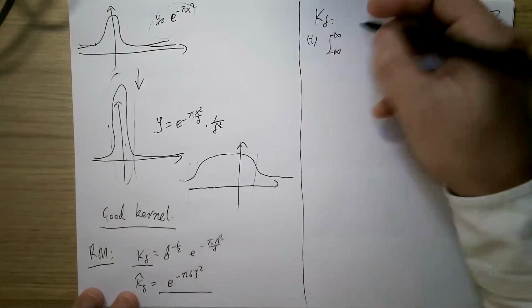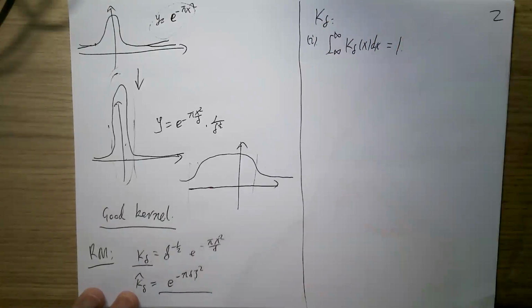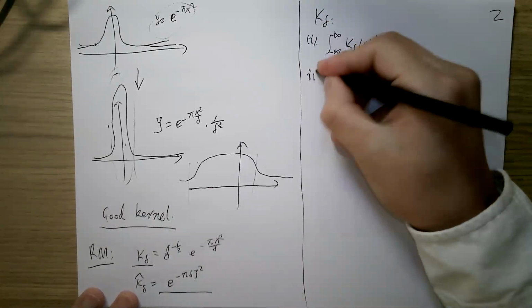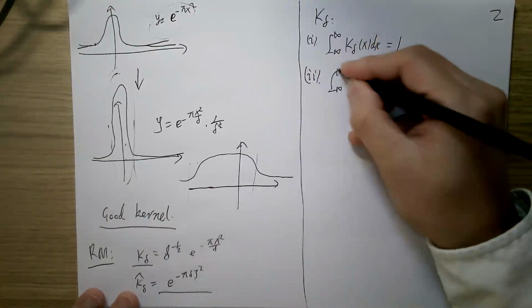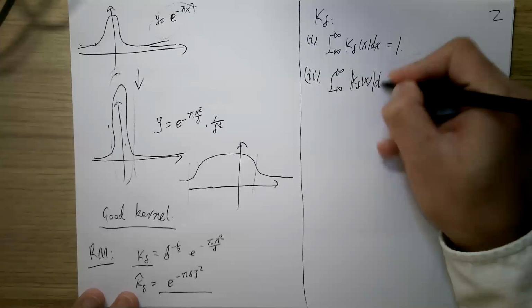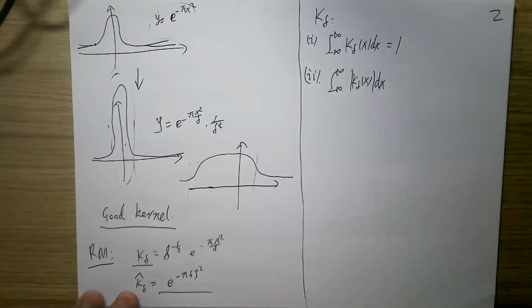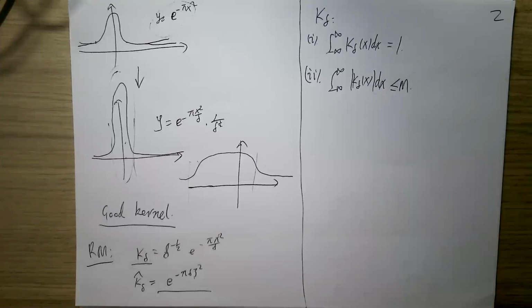One, if you take the total integral over the real axis, you get 1 for K delta, for any delta. And 2, the absolute value of this K delta is less than or equal to a constant, for sure.